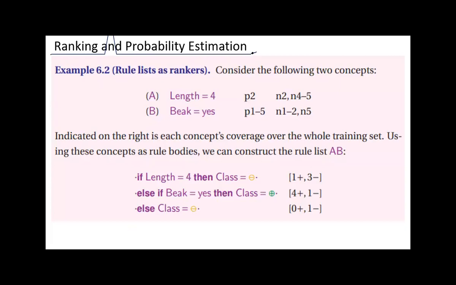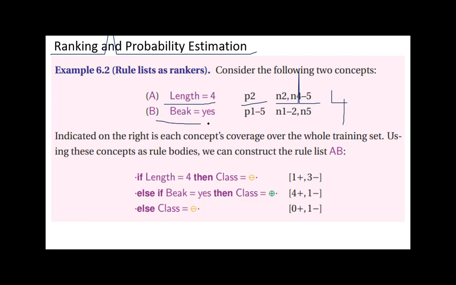How do we do ranking and probability estimation? Consider the following two concepts. If length is equal to 4, whenever we say this, P2 comes into consideration, and N2, N4, N5. So totally this covers 4 of our training set.